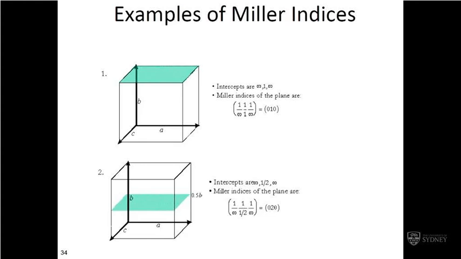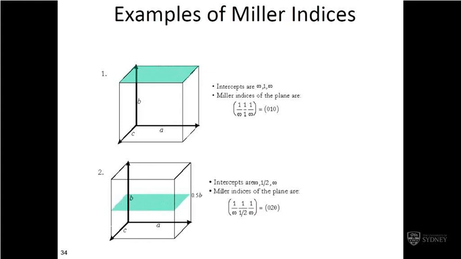First of all, look at the intercepts along the A. Well, there's no intercept. This plane will never cut this axis. So you put infinity. Along the B, boom, you've got one at, obviously, 1. One lattice vector. So you get the 1 here.